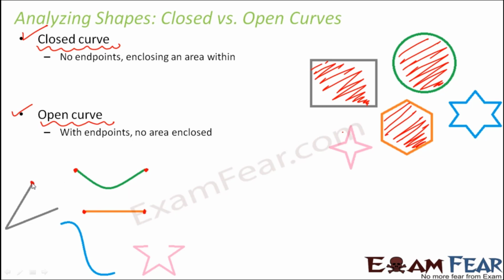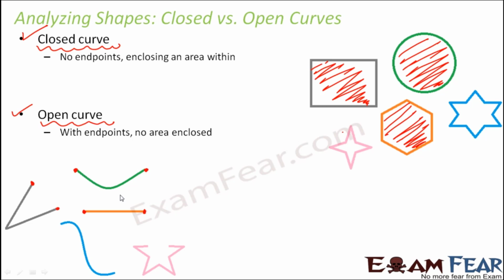Look at this angle. Here also you have two end points, even though the shape is haphazard, not a straight line or a straight curve. Now here, do you think that there is any area enclosed within this curve? No. When you draw a line, there is no area enclosed by the line. So everything on either side of the line is free and open.